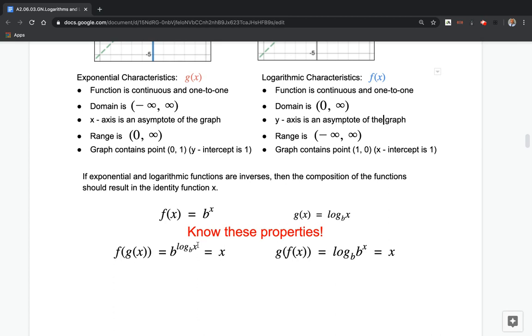If we take g of x and substitute it into the function f of x, we take the log base b of x and put it in the exponent. So b raised to the log base b of x is equal to x, and log base b of b raised to the x is x. So these are log properties that we're going to have to know in order to simplify some equations.